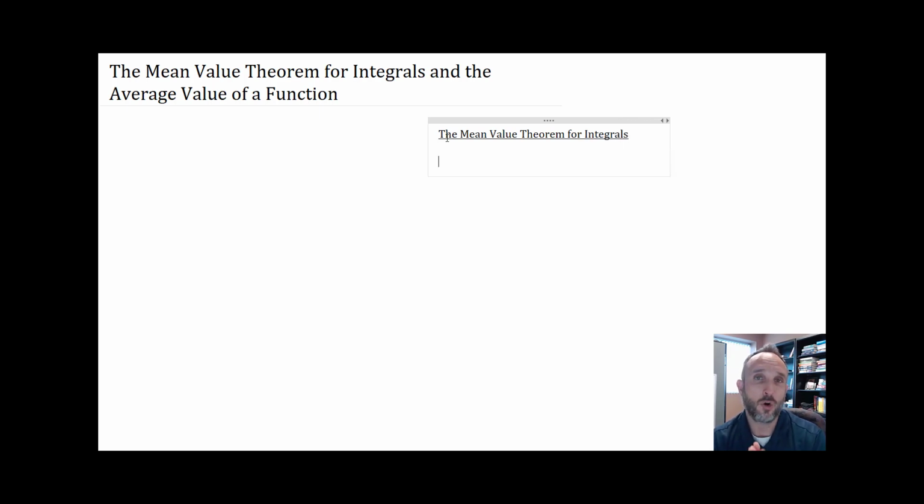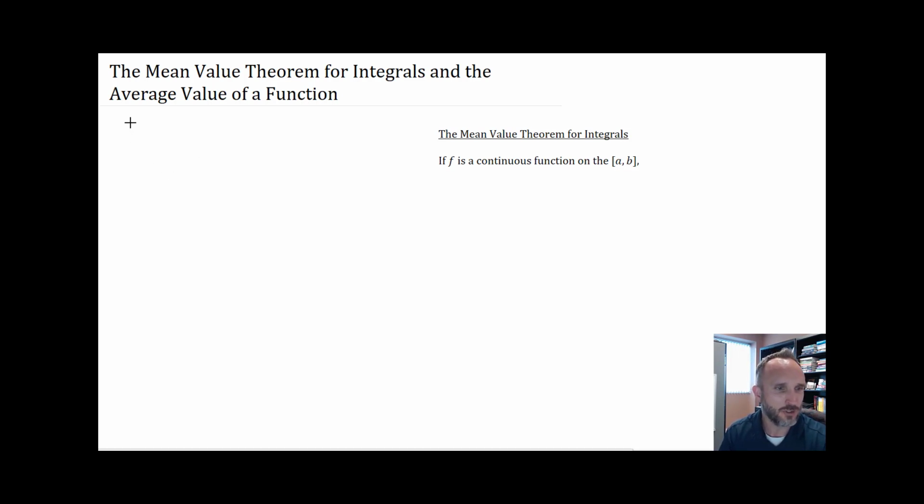So the only assumption we have to make in order to use this theorem is that f is a continuous function on the closed interval from a to b. That's it. If the function is continuous on that closed interval, then we can apply the mean value theorem for integrals.